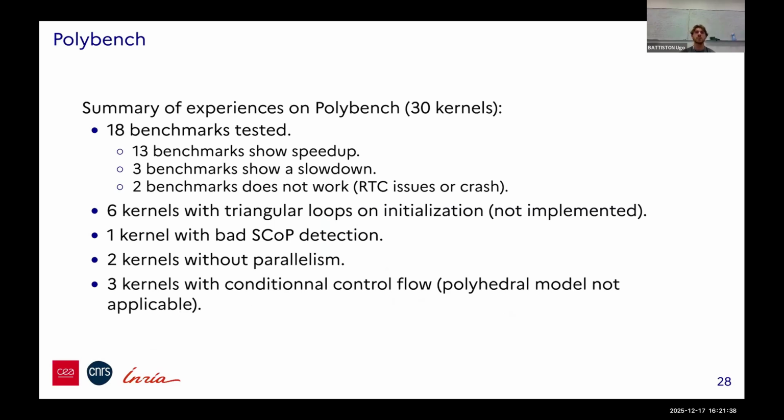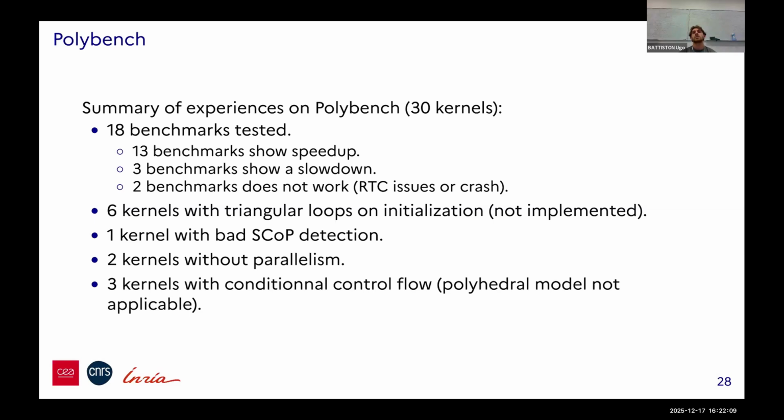13 show a speedup, 3 show a slowdown, and 2 benchmarks don't work because the runtime condition to use the Polyhedral version doesn't work or just crashes. 6 kernels with a triangular loop on initialization.